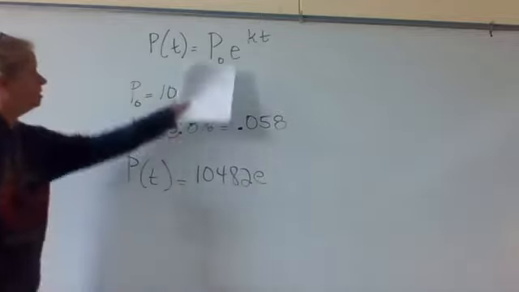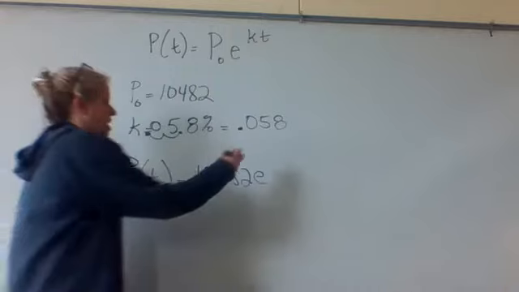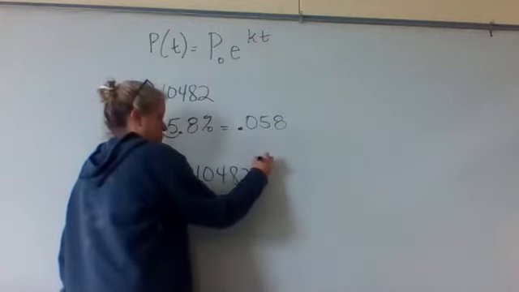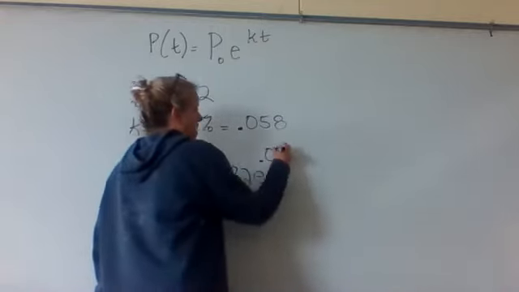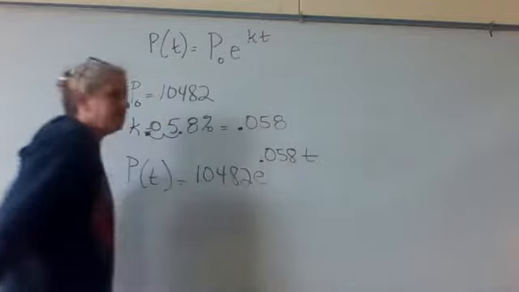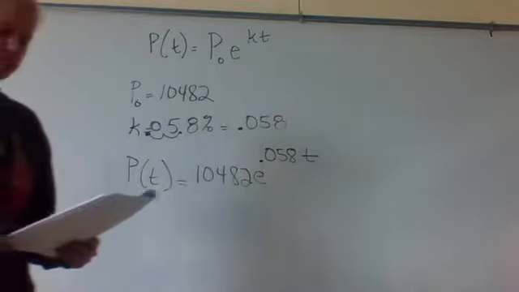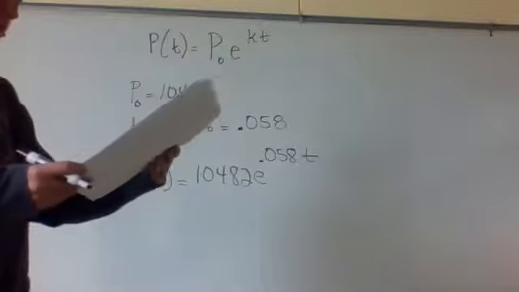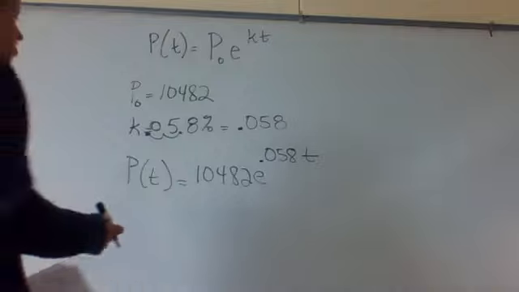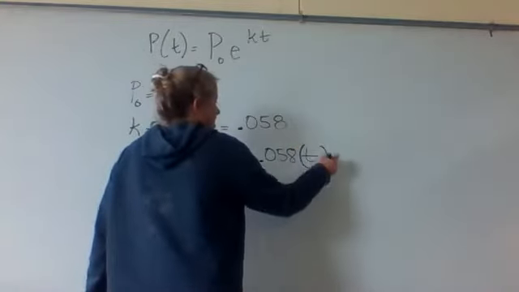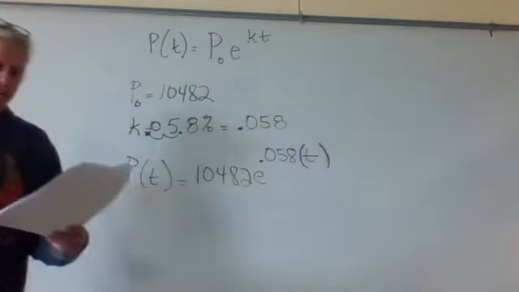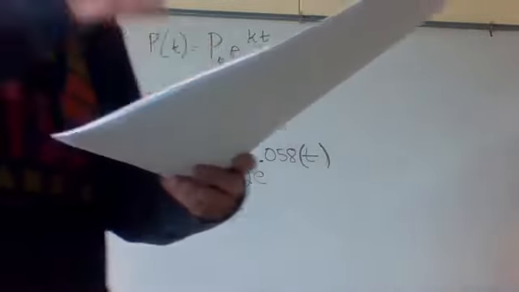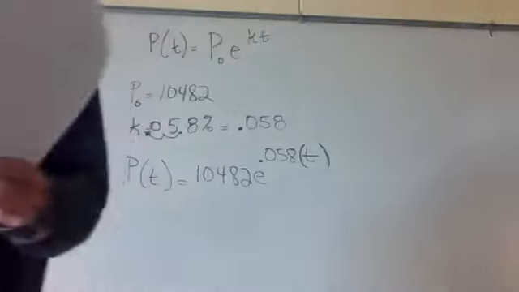E to the K, your interest rate in decimal form, so 0.058 T. So that's what you're going to put in as P of T in that first spot. Now, the next 4 spots are just changing the T to whatever the year is. So the different ones are 1, 2, 5, and 10.